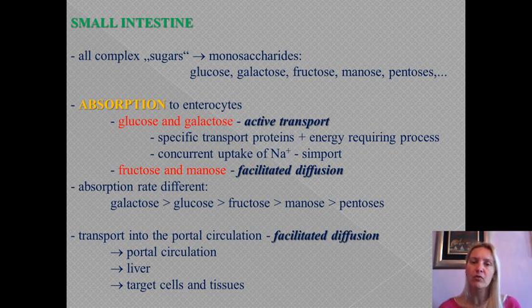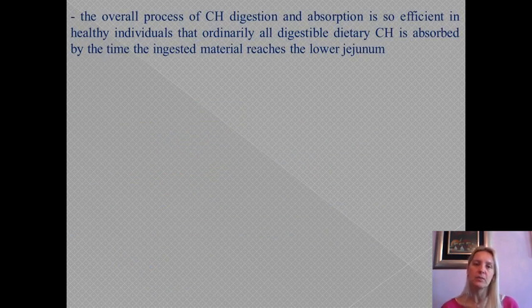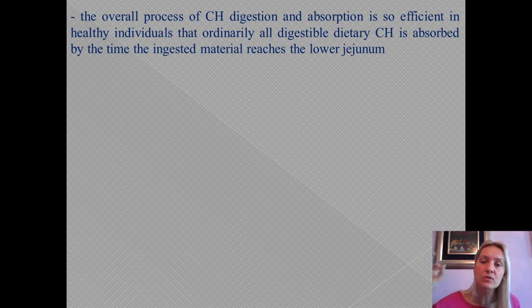But before we close today's lecture, we can conclude that the overall process of carbohydrate digestion and absorption is so efficient in healthy individuals, of course, that ordinarily all digestible carbs are absorbed by the time the ingested material reaches the lower duodenum.